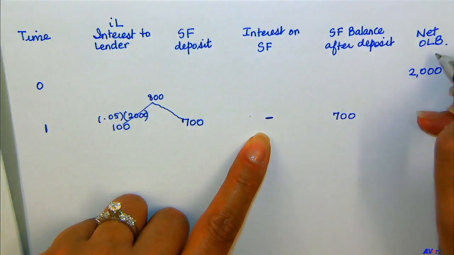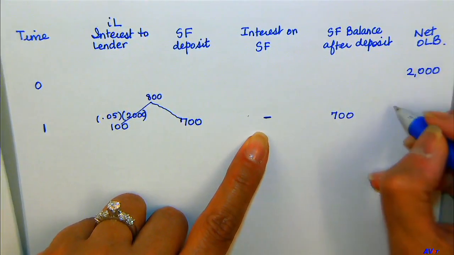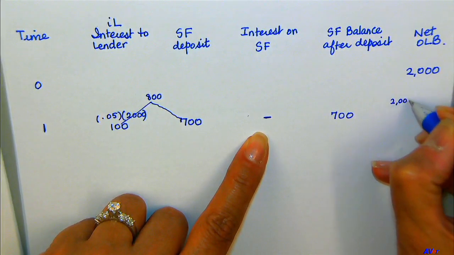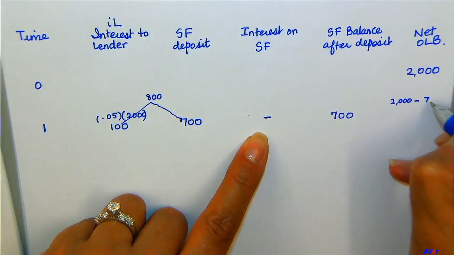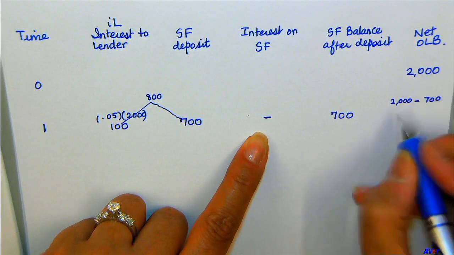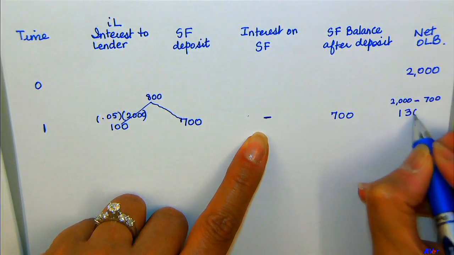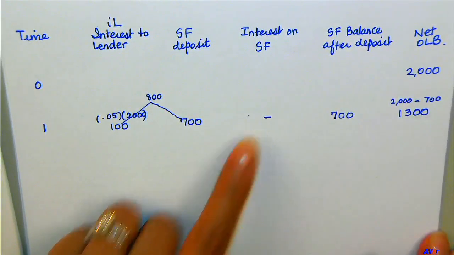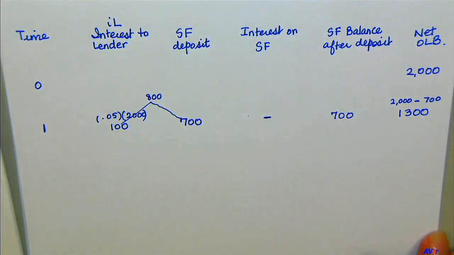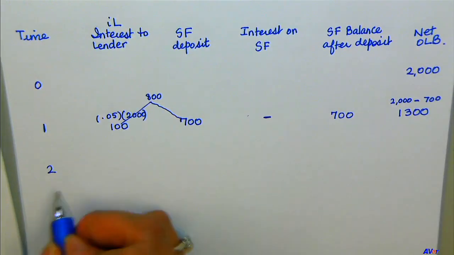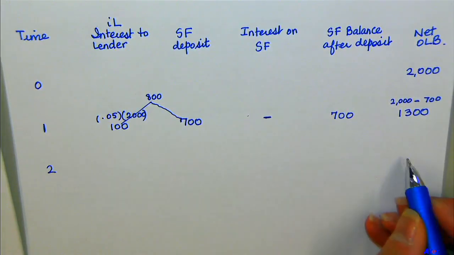So the net OLB is equal to 2,000 minus 700, which is 1,300. Does this make sense? Keep going. Time 2, nothing is happening, right? The next payment is at time 3. So time 2, nothing. Leave that whole row blank.